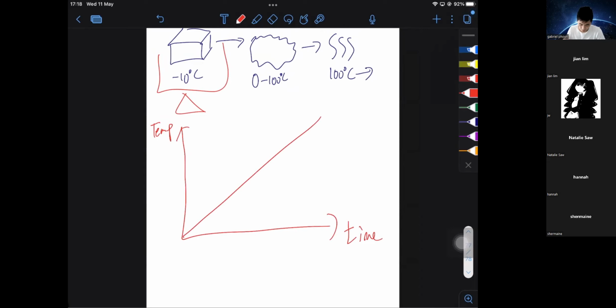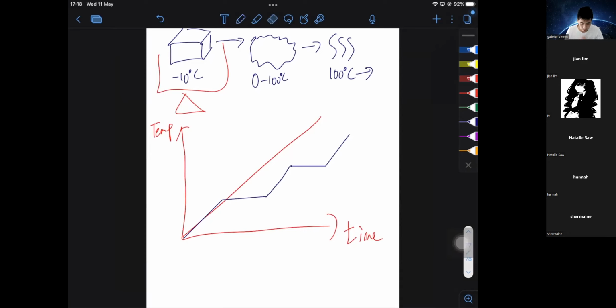But instead of having a straight line graph, what is really happening to the ice in terms of its temperature is it will go something like this. It will increase in temperature for sure, then after that, it will flatline for a while. Then it will increase in temperature again, then flatline for a while again. Then only it will increase the temperature again.